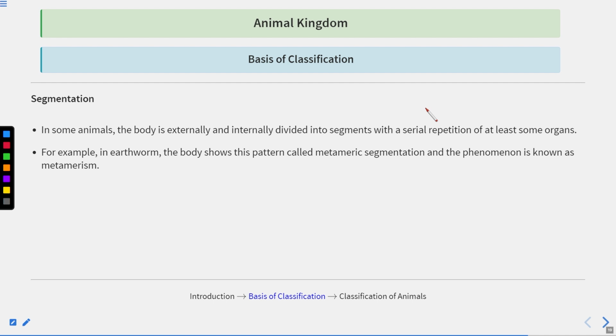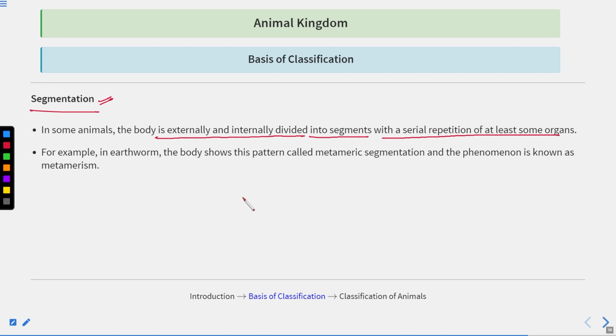Now comes segmentation. In some animals, the body is externally and internally divided into segments, with a serial repetition of at least some organs. Okay.